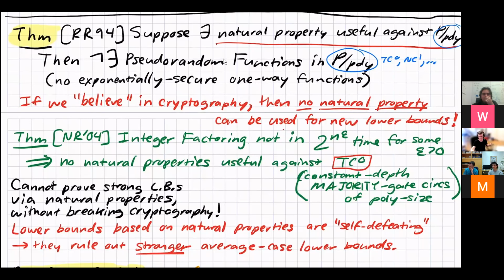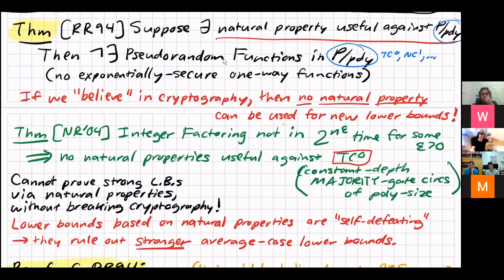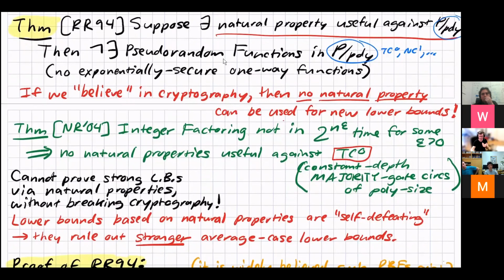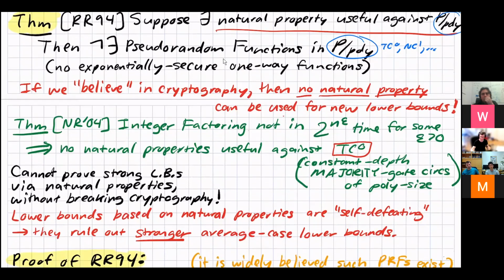If you believe in cryptography, then you should not believe natural properties will work. These common techniques, which identify some algorithm that can distinguish easy from hard in this way, can't possibly work.